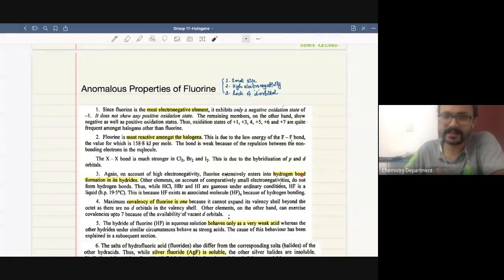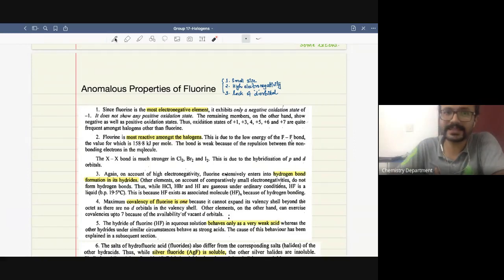Hydrogen bonding is an important phenomenon that fluorine shows in its hydrides. Another important thing is that the maximum covalency that fluorine shows is only 1.